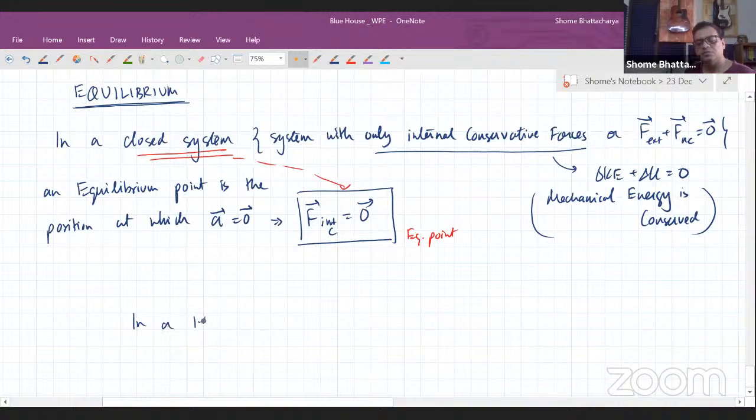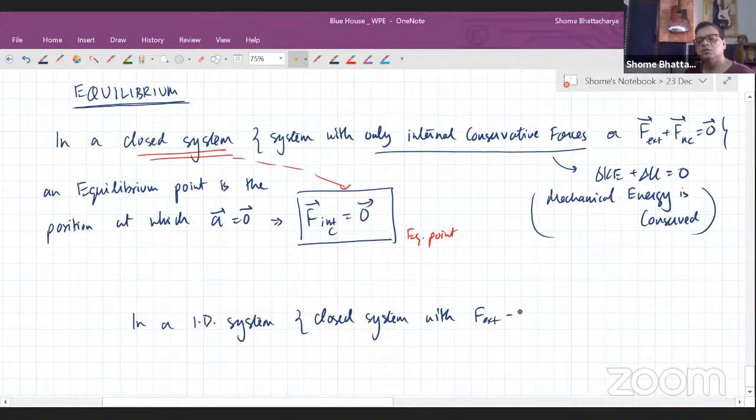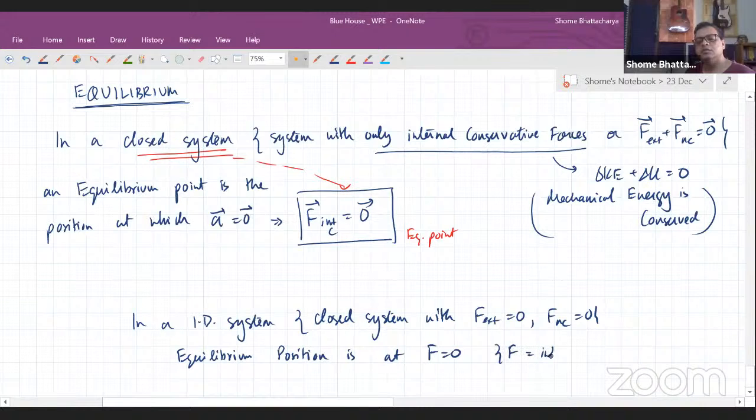Okay. So in a 1D closed system, with F external 0 and F non-conservative 0, the equilibrium position is at F equal to 0, where F is the internal conservative force.